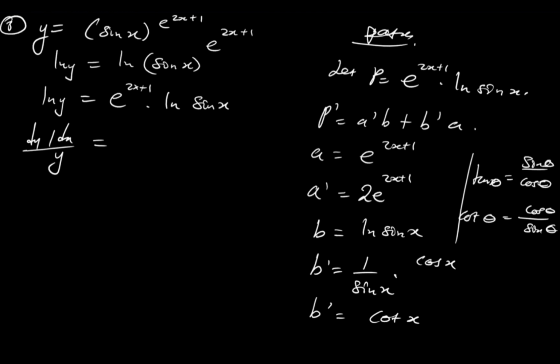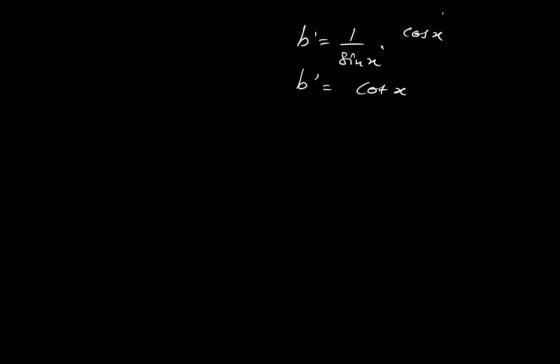Then we can put the value of p prime there. And this will be dy over dx over y being equal to the value of p prime. If you substitute in the p prime expression of a prime b plus b prime a, you end up having something like 2e to the 2x plus 1.